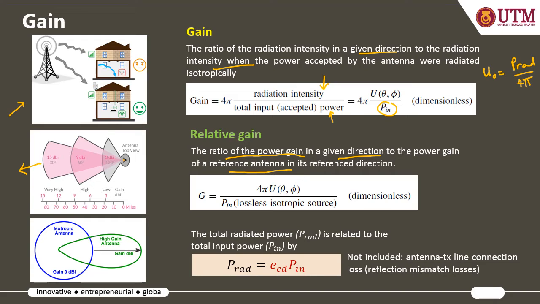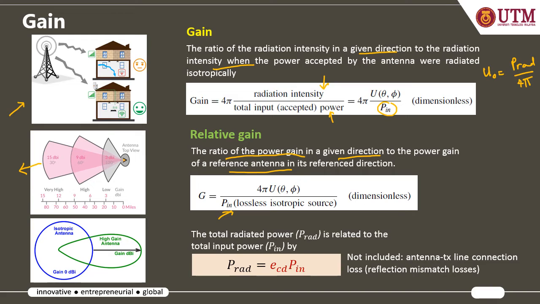So the relative gain is given by G equal to 4 pi U divided by P in for the reference antenna. And in most cases, the reference antenna is assumed to be a lossless isotropic source.